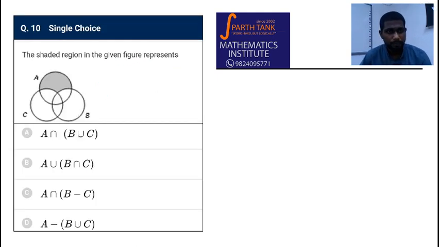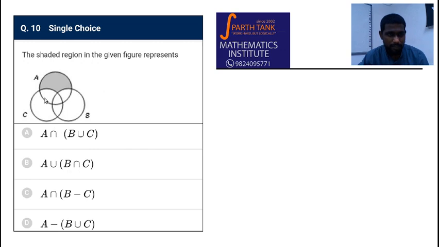Question number 10. The shaded region in the figure represents. Now, this area here is A minus something, right? Now, is it A intersection B union C? B union C would be these full two circles. A intersection B union C would be this area alone, this red area, not that gray area.